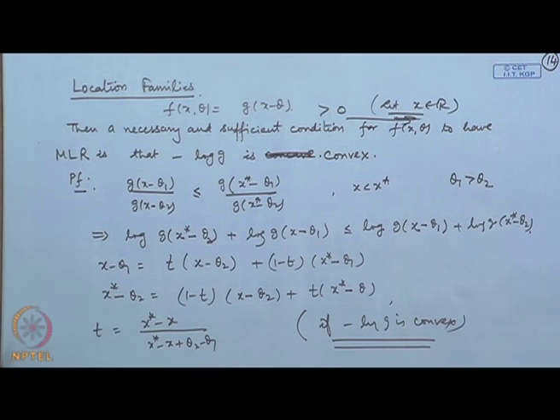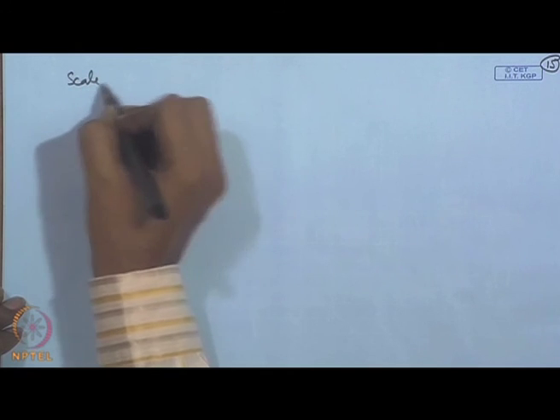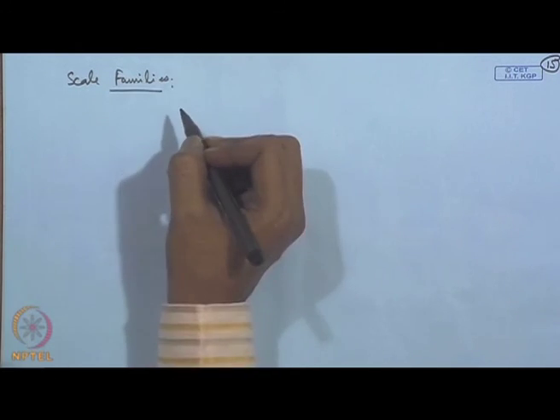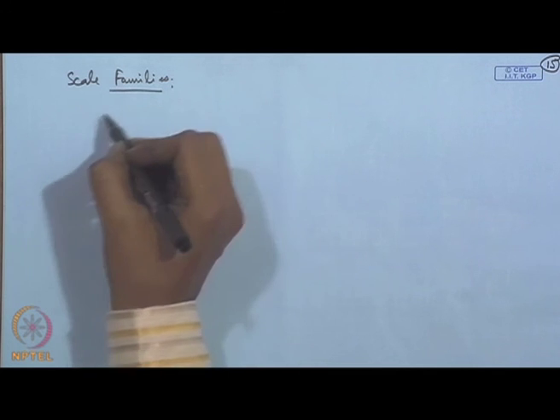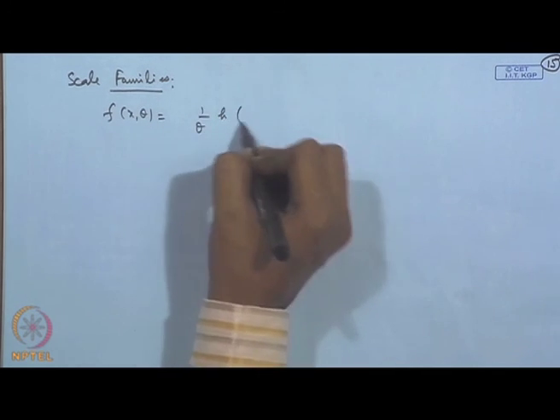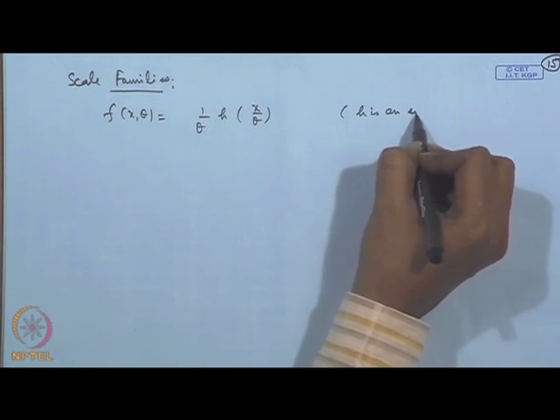I will just mention about the scale families also. For scale families, we can consider the shifting to, like if I consider f(x, theta) equal to 1 by theta h(x by theta), h is an even function.